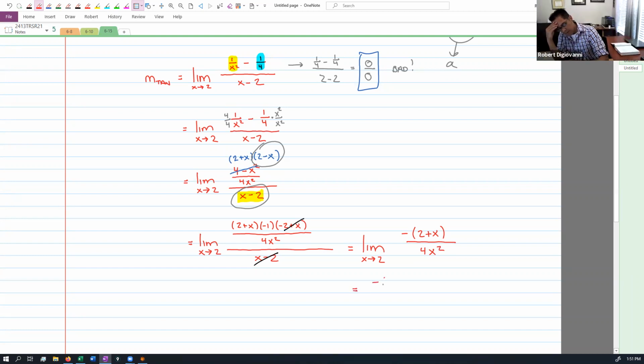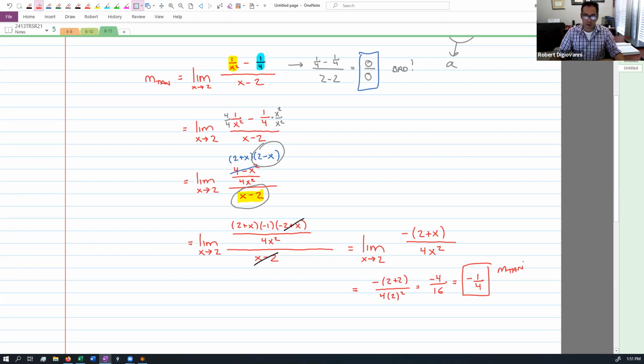So I get negative 2 plus 2 over 4 times 2 squared gives me negative 4 over 16, which gives me negative 1/4. This is the slope of the tangent line. What do you think? Yeah, yeah.